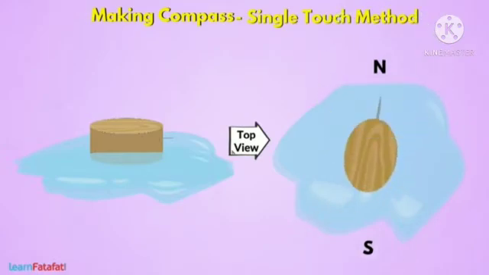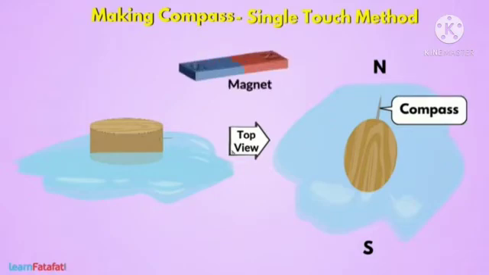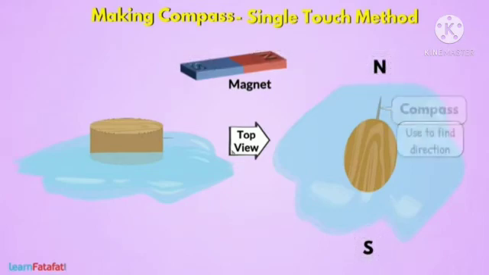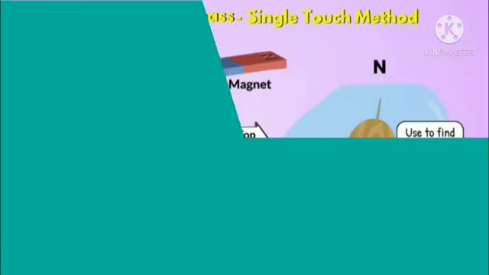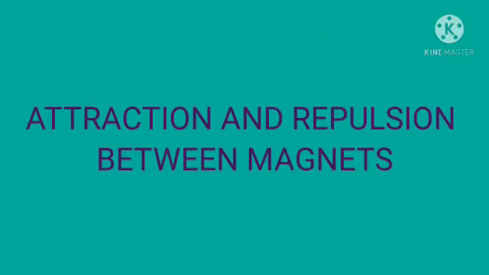Make sure that the needle does not touch the water, and turn the cork in any direction, but it will come to rest in one particular direction. That direction is known as the north direction, and the opposite of that direction is south.